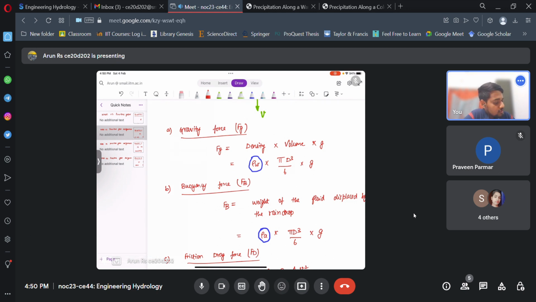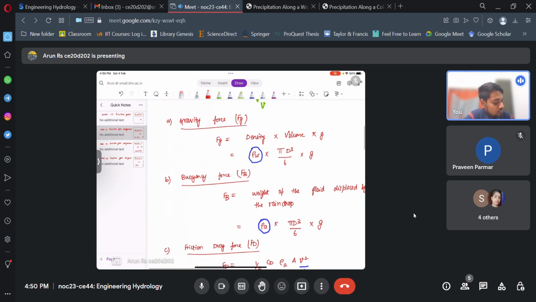Since it relates to the weight of the water droplet, we are using the density of water multiplied by volume. This is the volume of a sphere, represented by pi d cube by 6, and acceleration due to gravity.